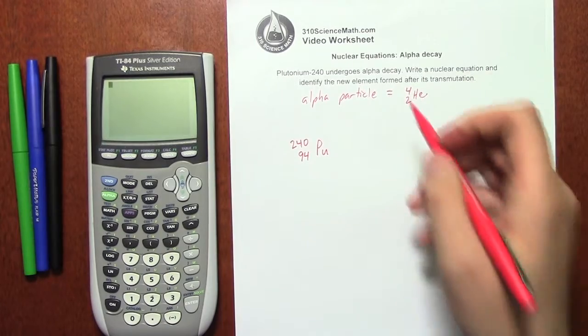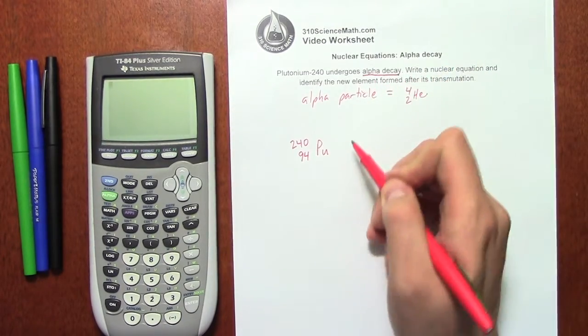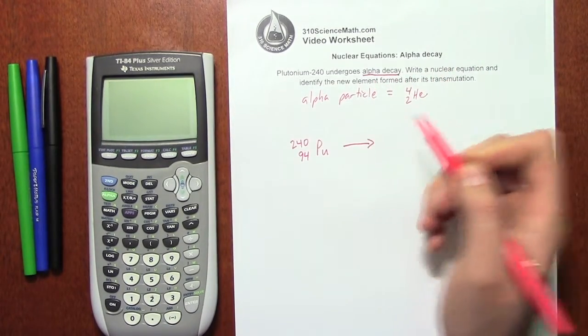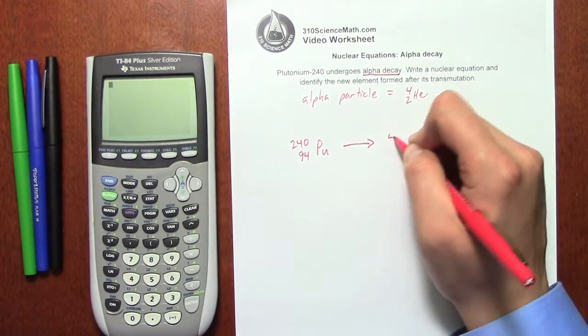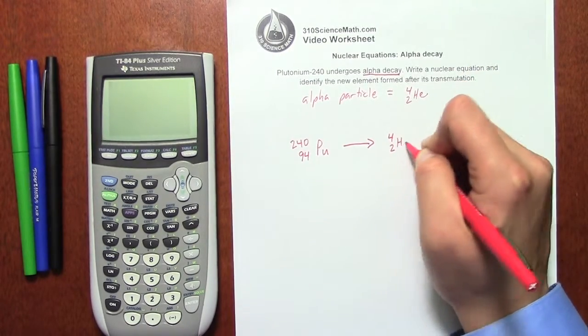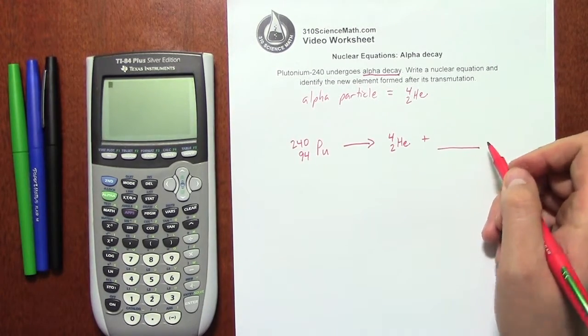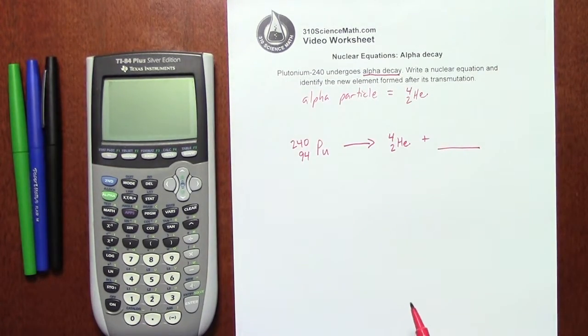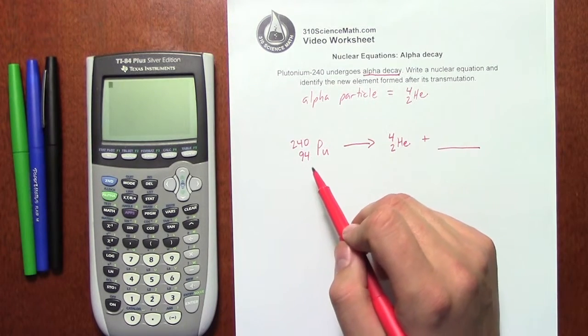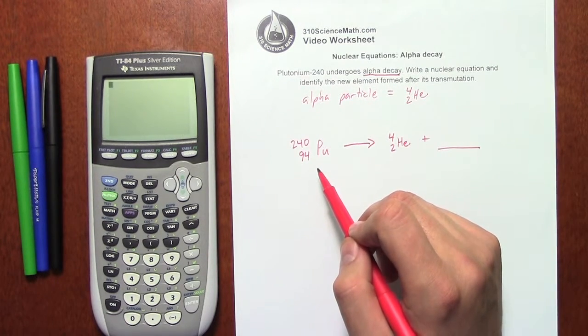Now it's going to undergo an alpha decay, which means that this is going to break apart, and it's going to produce an alpha particle. But it's also going to produce something else, okay? Because conservation of matter says that you cannot create or destroy matter.